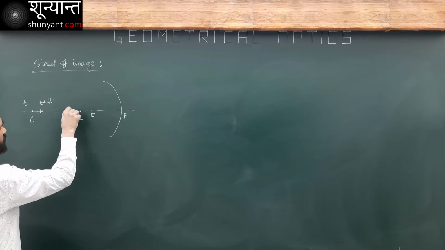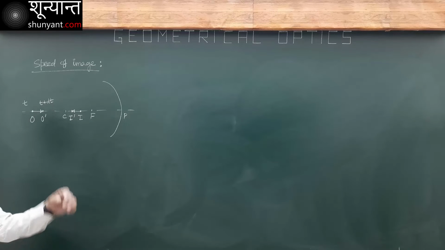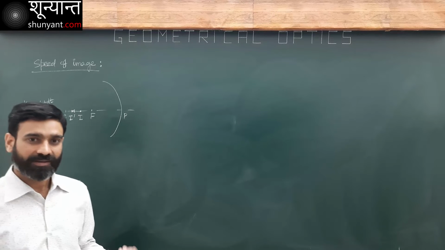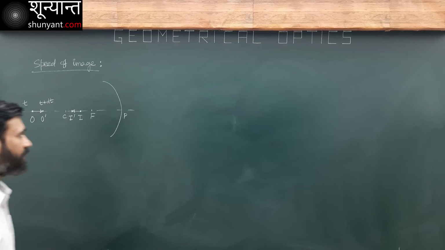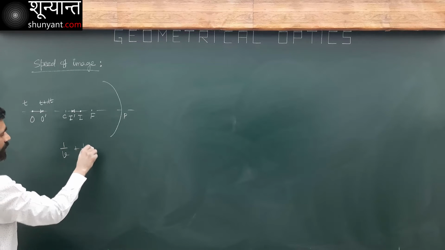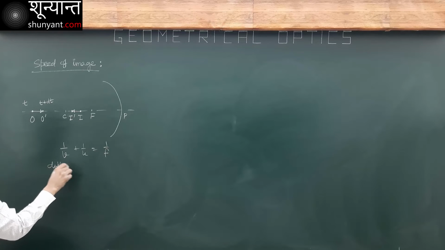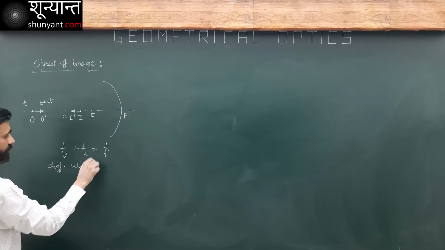Now the rate at which their position changes will give me velocity of image and object. We can find it using this: 1 over v plus 1 over u is equal to 1 over f. Differentiate with respect to time.